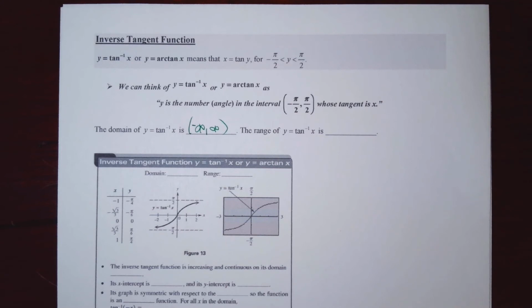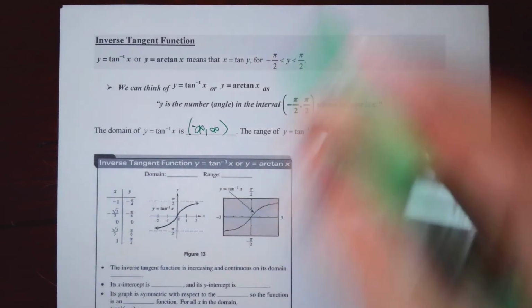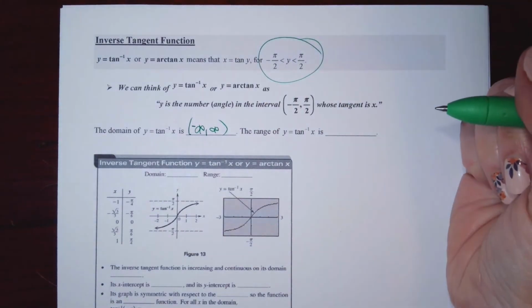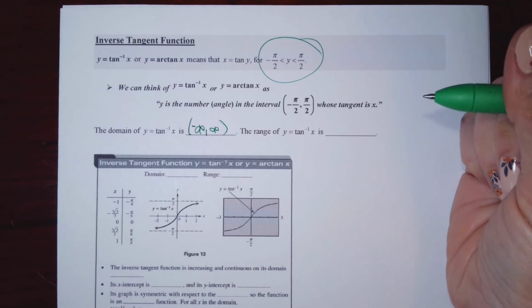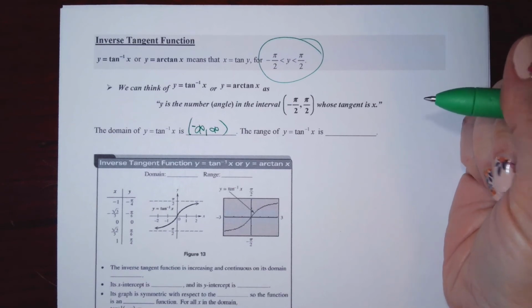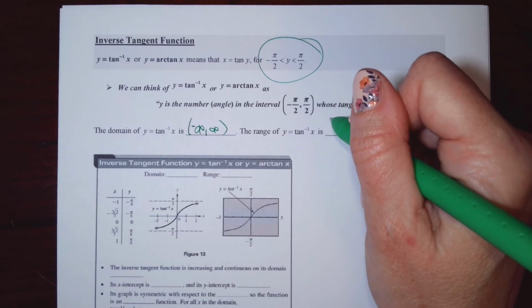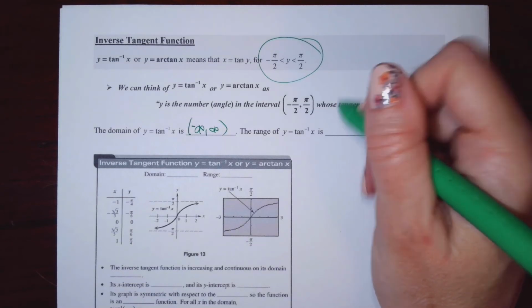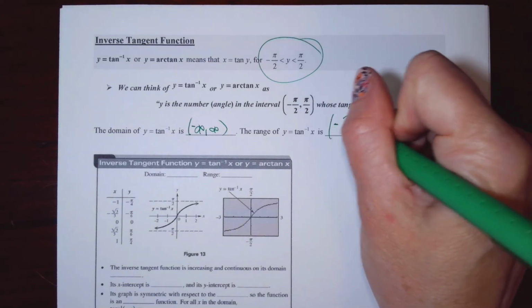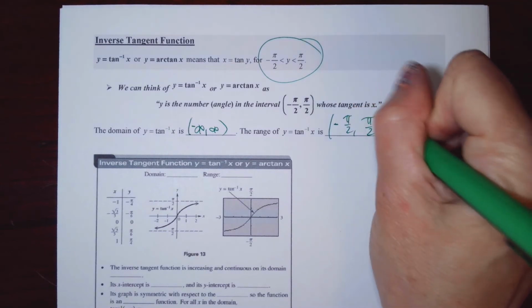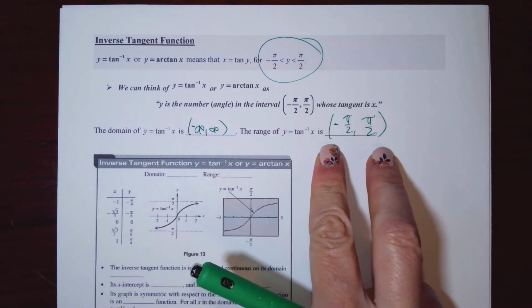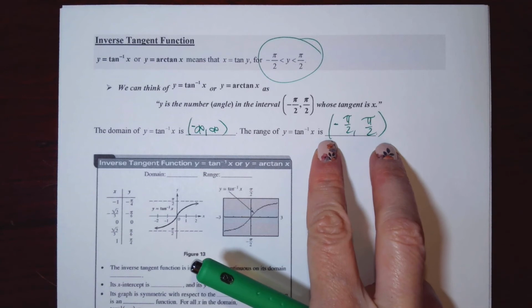Because tangent has y in the numerator, we have a restriction for tangent that goes along with our sine inverse restriction, so that my range of tangent inverse is restricted to negative pi/2 to positive pi/2. The only difference here is that tangent is undefined at those pi/2, so it's not inclusive, it's just parentheses here.